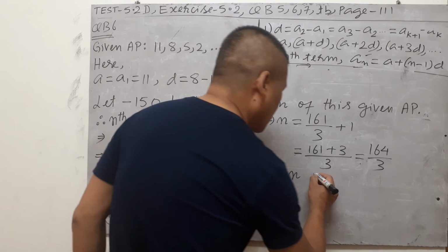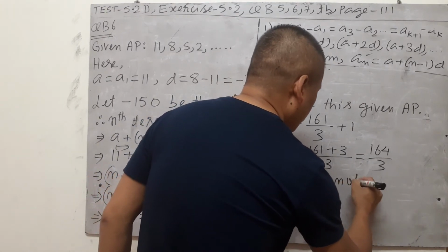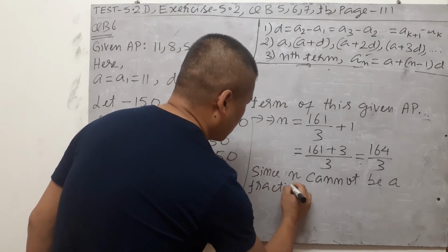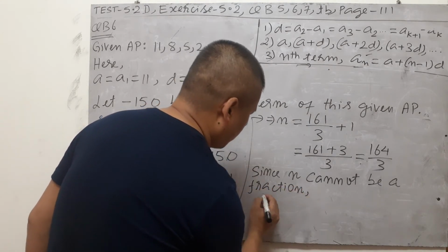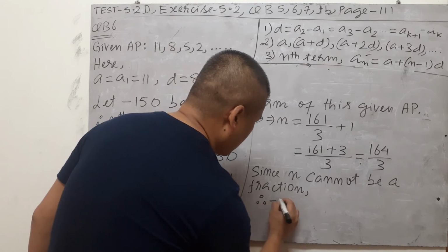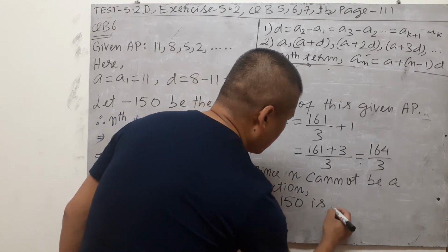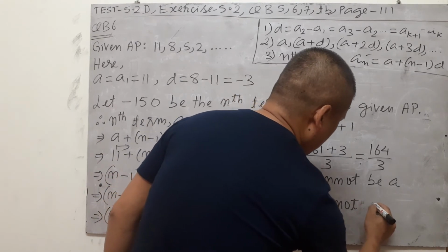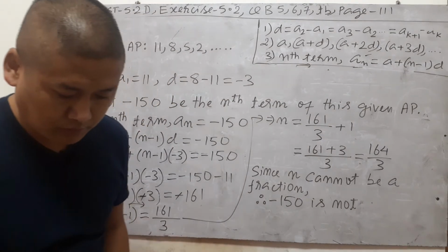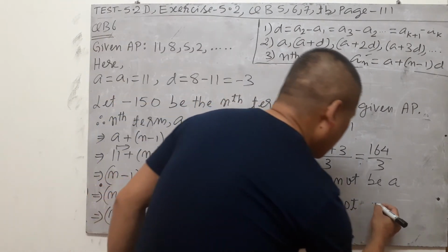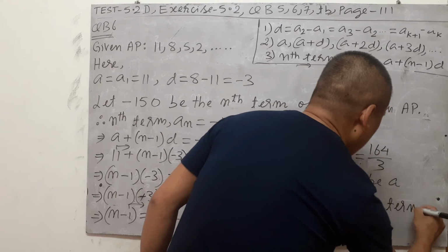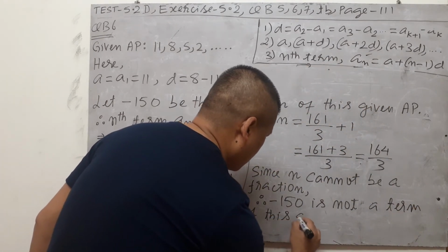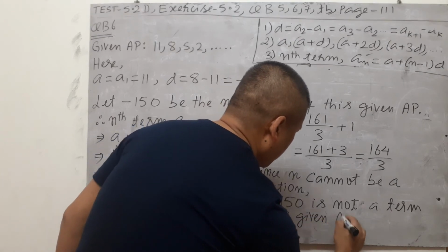Since n cannot be a fraction like we're getting, therefore minus 150 is not a term of this particular given AP.